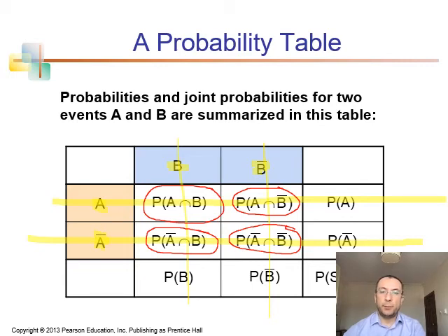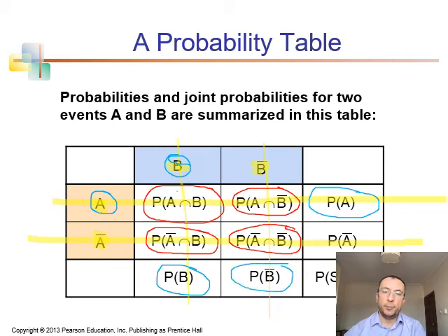Now what about the probability of, let's say, B? Here, this number is the probability of B. What about the probability of A? Here on the right side, we have the probability of A, and this is the probability of B complement, and this is the probability of A complement.